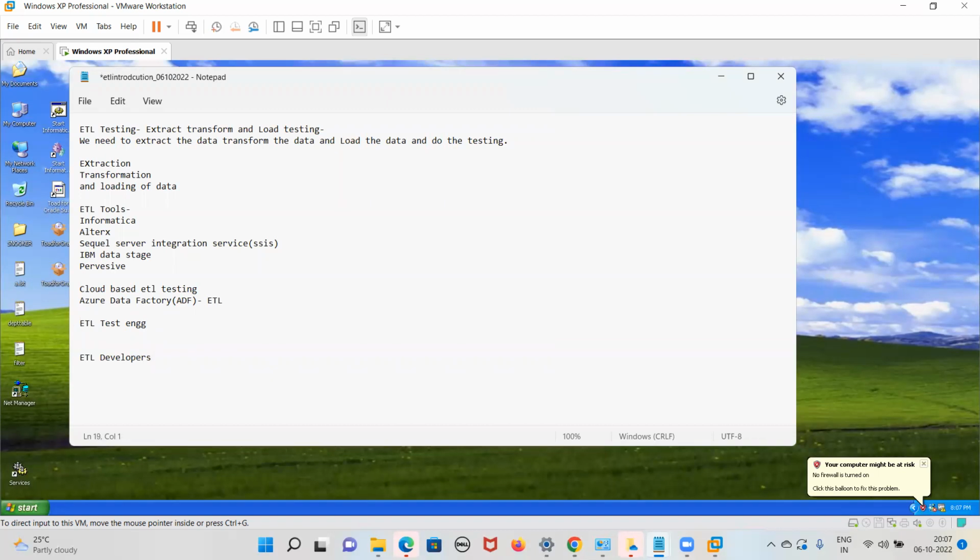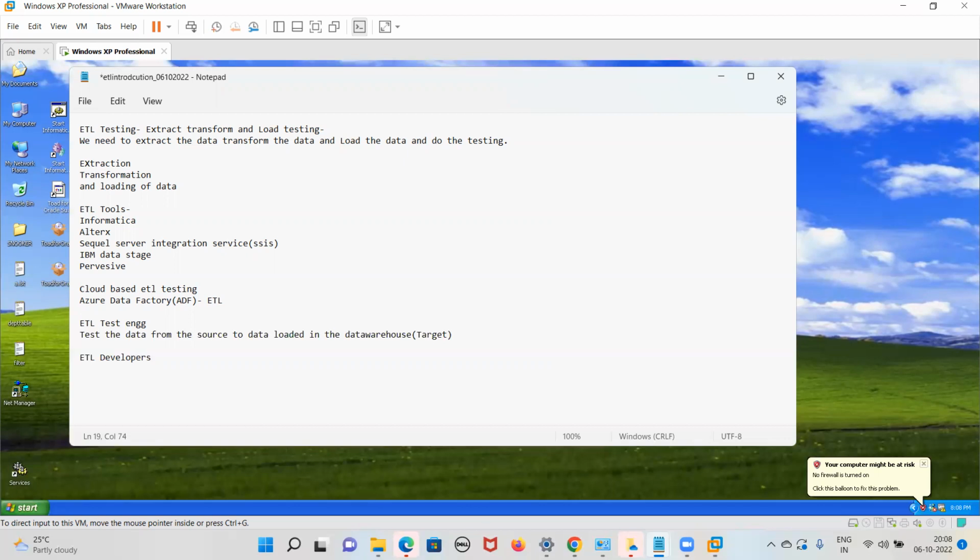ETL test engineers will test the loaded data from the source system. So first thing is what? Test the data from the source to the data loaded in the data warehouse. Data warehouse we also call as target.